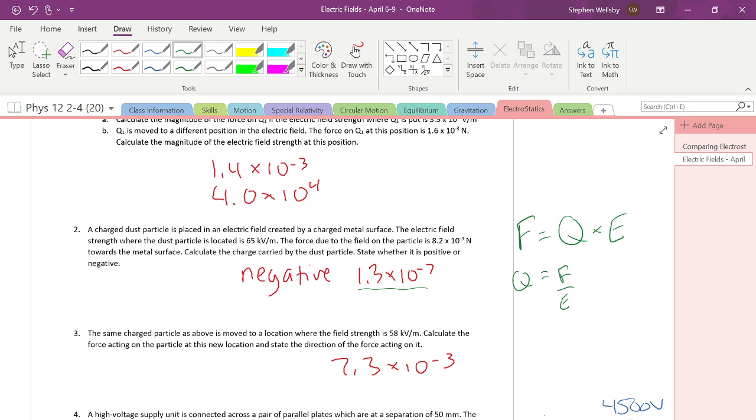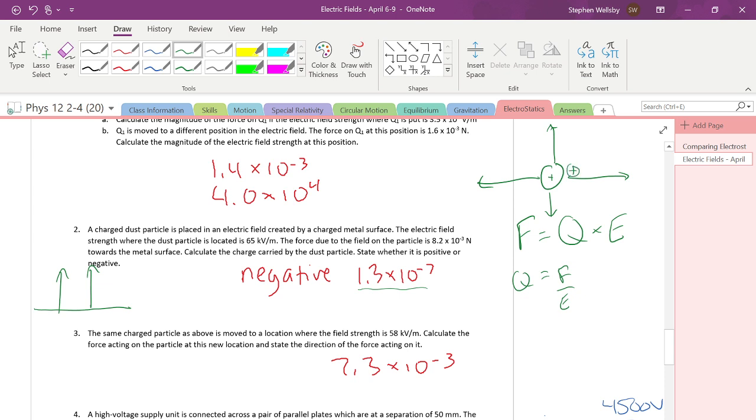let's see. Charged metal surface. I'm just trying to draw this out here. We've got a charged metal surface, and the electric field is 65,000 volts per meter. Whenever you have a positive charge, if we think about a metal sphere, we know the field lines always point away from it, because the field lines represent the direction of force on a positive particle.